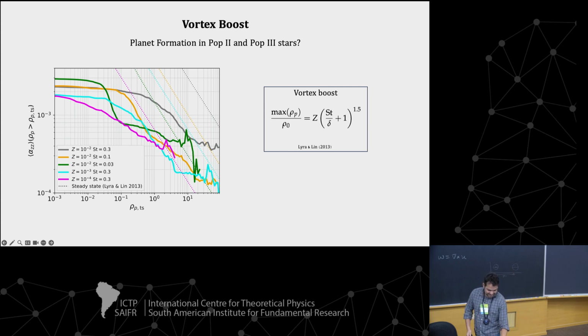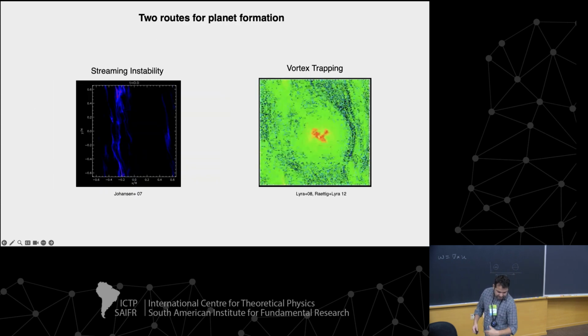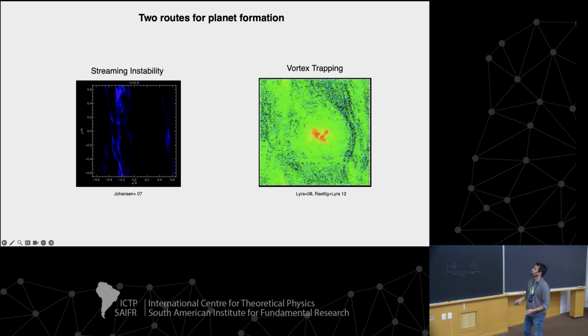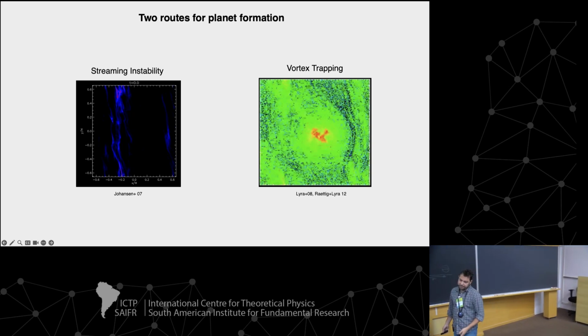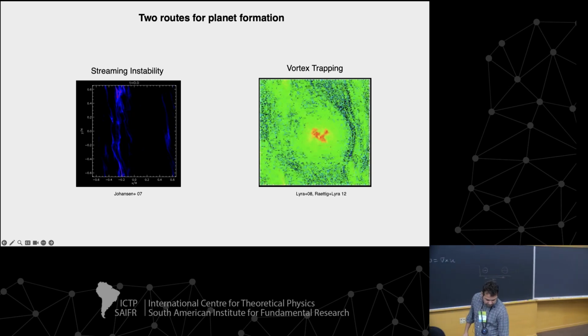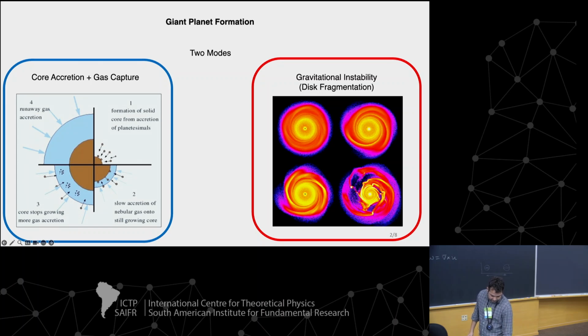Right, so the conclusion here is that we have two routes for planet formation. We have streaming instability and we have vortex trapping. They can be competing or complementary. Next then, the next rung of the ladder is, if we now form the rocky planets, how to form the gas giants.